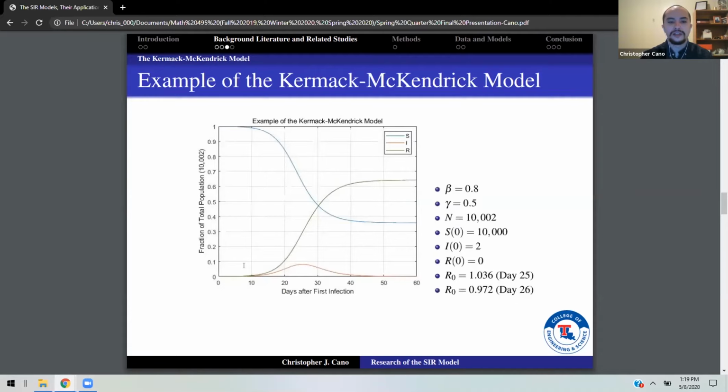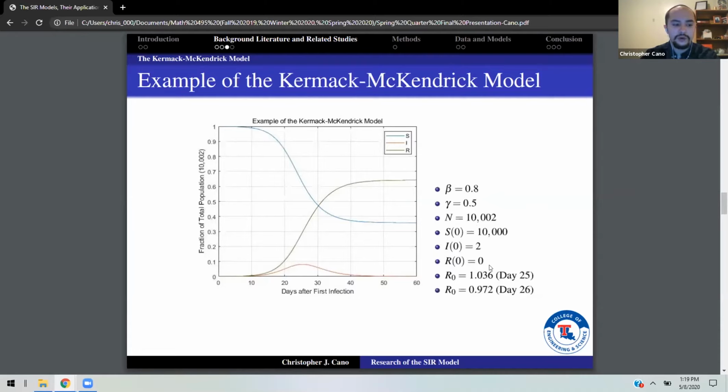So here is just an example of the Kermack-McKendrick model being used. We have a total population of 10,002 with an infection rate of 0.8 and a recovery rate of 0.5. So that means the disease lasts an average of 2 days. Here are our initial conditions: initial 10,000 susceptible, initial 2 infected, and initial 0 recovered.